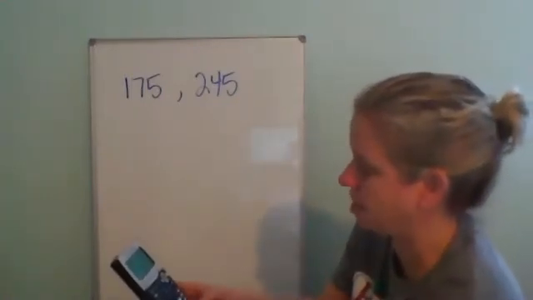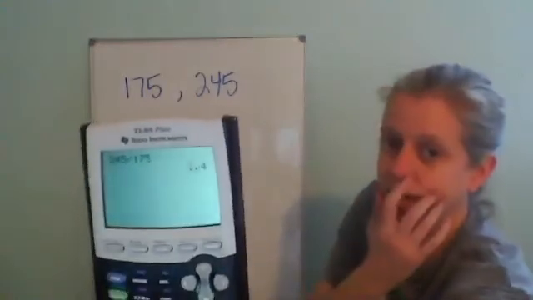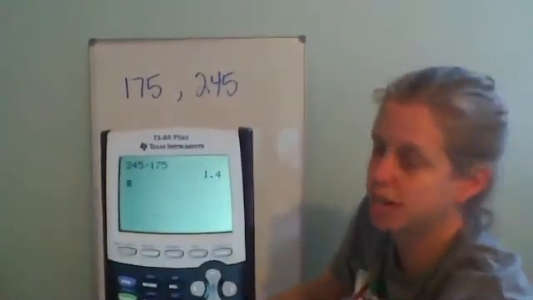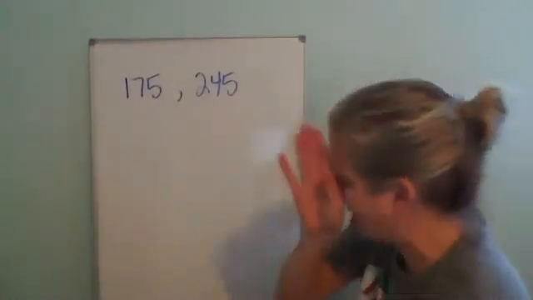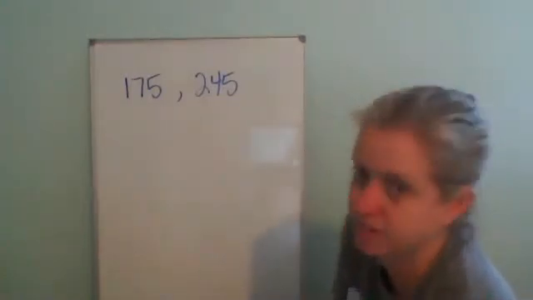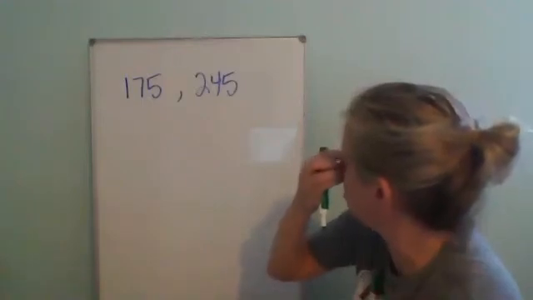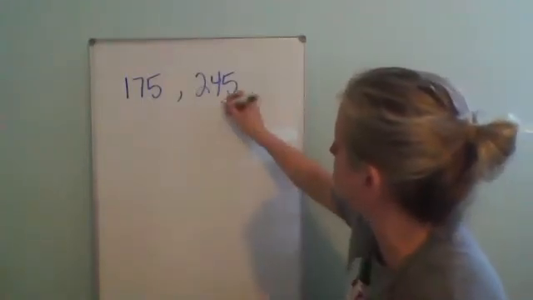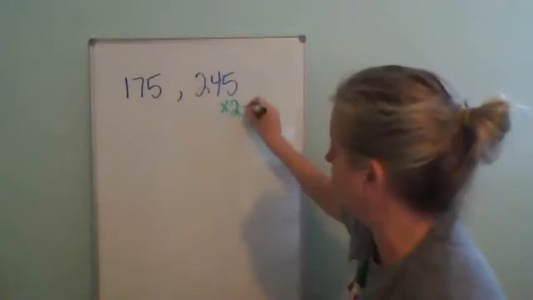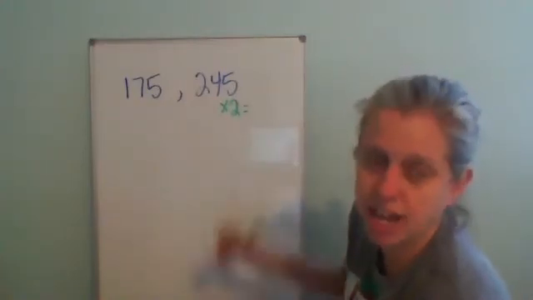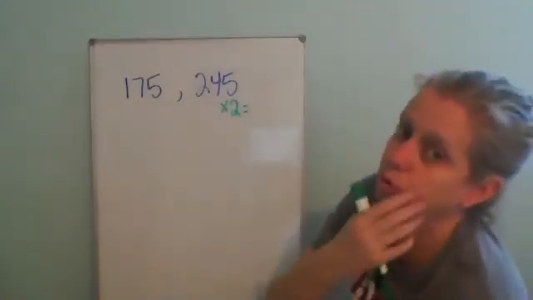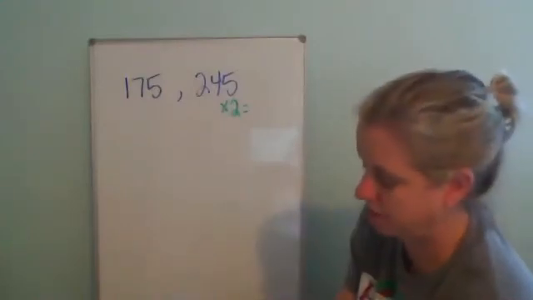245 divided by 175. So when you put that in your calculator, it gives you a decimal, which just means 175 doesn't go into 245 evenly. So now let's think about this. Now I need to know, what's the next number that 245 goes into? Well, it's whatever 245 times 2 is. That's going to be the very next multiple, or the very next number that 245 goes into.